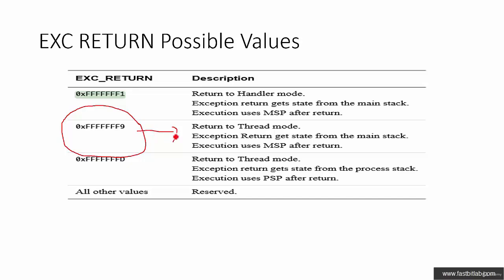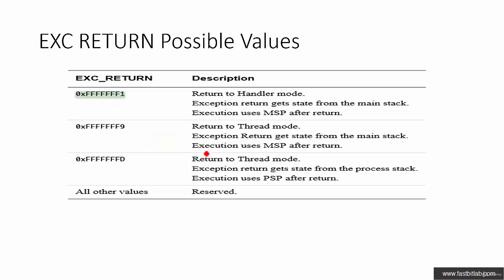This value signifies return to thread mode. That's correct. The code should go back to the thread mode. While going back, the already saved state of the thread mode has to be retrieved back using MSP as the stack pointer. Exception return gets state from the main stack.